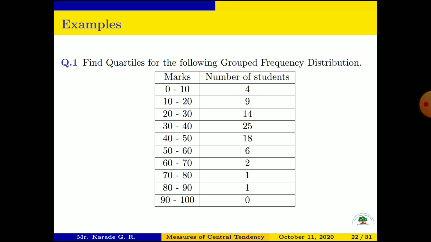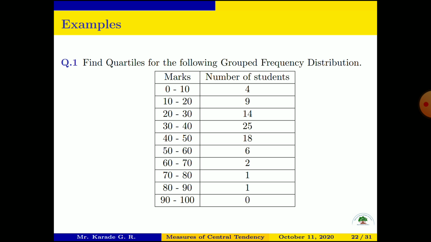Second class is 10 to 20, and there are 9 students having marks in between 10 to 20. Third class is 20 to 30, and there are 14 students having marks in between 20 to 30. Next class is 30 to 40. There are 25 students having marks in between 30 to 40.